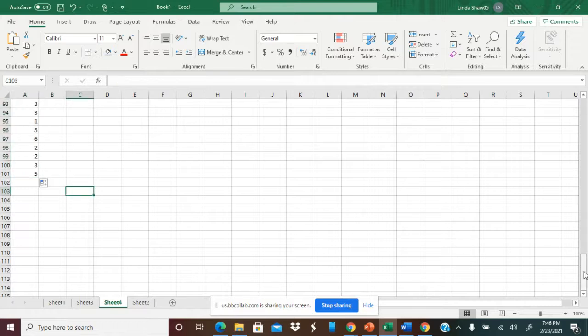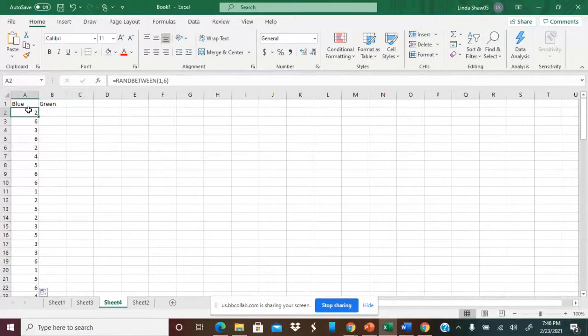Okay, now everybody can see that that generated things. Kathy has a question. Go ahead, Kathy. Just to make sure I'm understanding, you put the formula in, but the formula is actually simulating rolling, picking a number, so it's going to be different every time, correct?